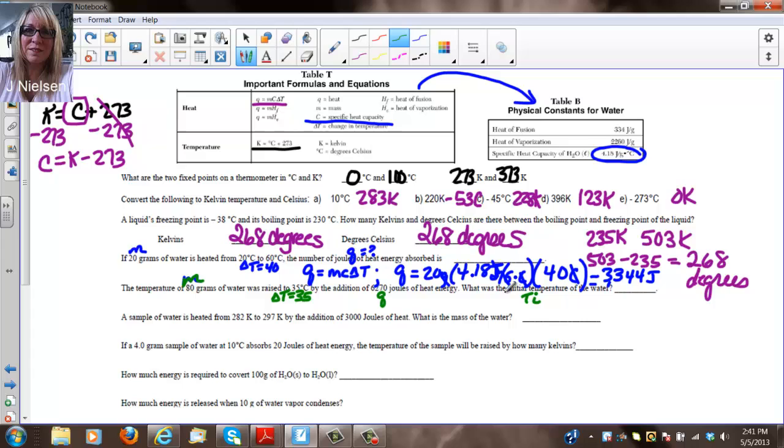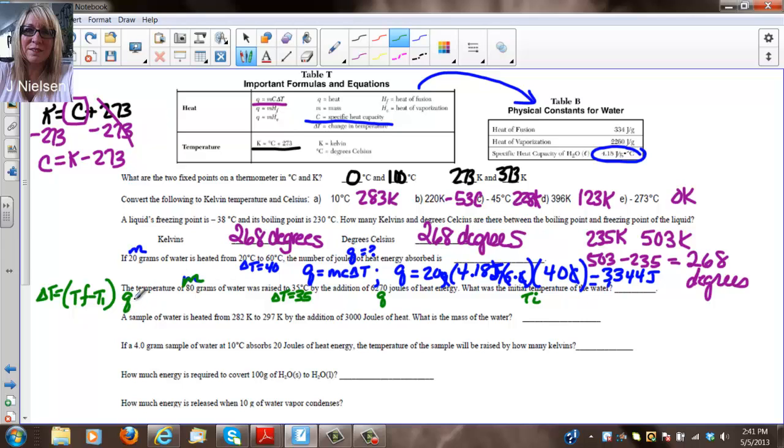Well, there's something important you have to realize, that delta T is equal to the difference between TF and TI. So if I'm looking for TI or TF, when I'm working with the equation, I'm essentially solving for delta T. So let's see how we rearrange that equation.